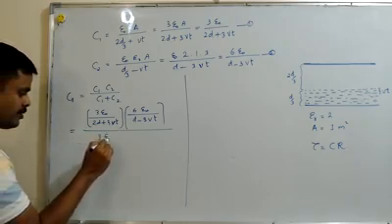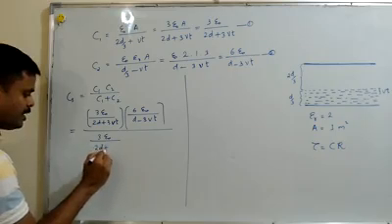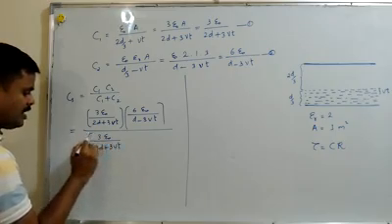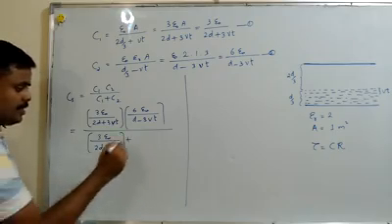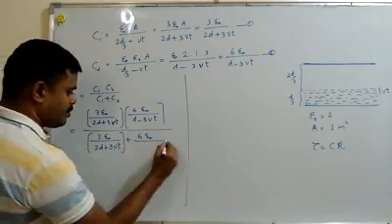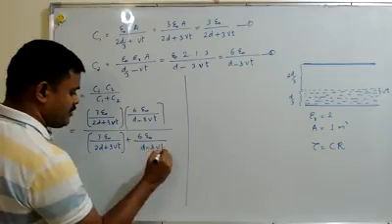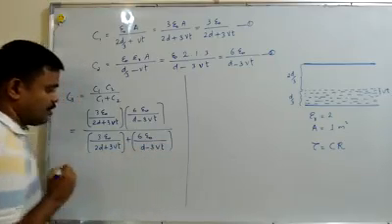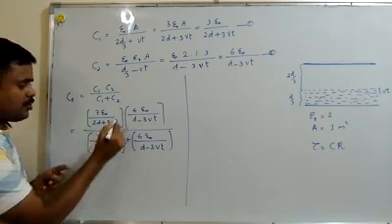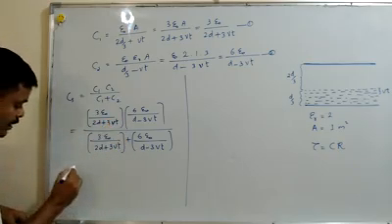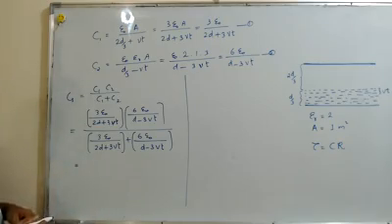What is C1 plus C2? 3 epsilon 0 by 2D plus 3VT plus 6 epsilon 0 divided by D minus 3VT. Okay, so I got something like C1 C2 by C1 plus C2. Now I can take LCM here, no?